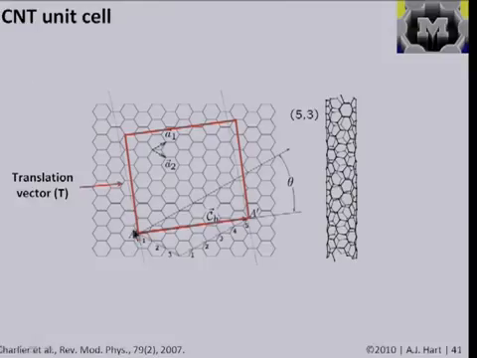And that unit cell can be bounded by a rectangle on the hexagonal sheet, and by knowing CH and enforcing a restriction that the translation vector, or the other side here, is perpendicular to CH, you could derive the vector notation for the translation vector, and then you could calculate the area of the unit cell, and then calculate the number of atoms that are included in the unit cell of the nanotube, and then you could find the number of atoms per unit length and so on.